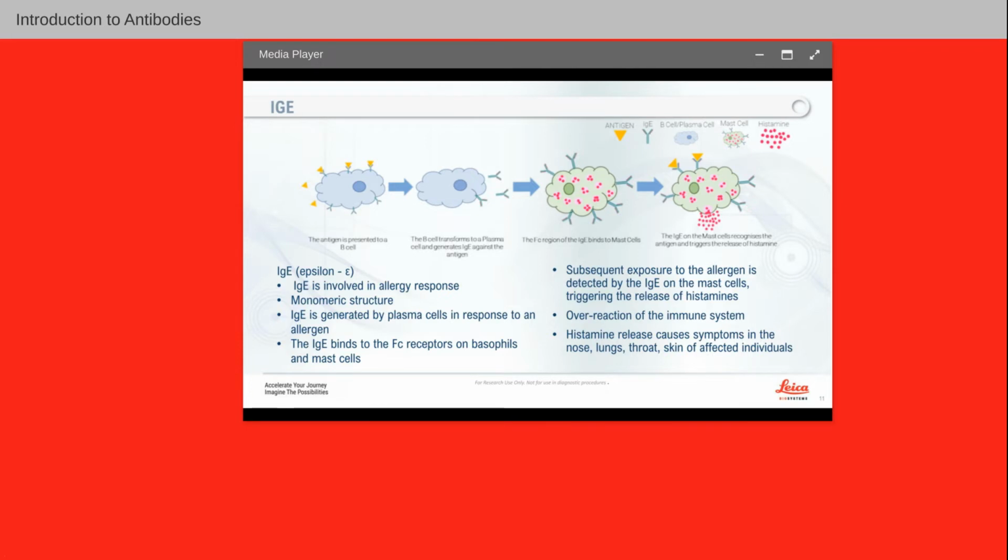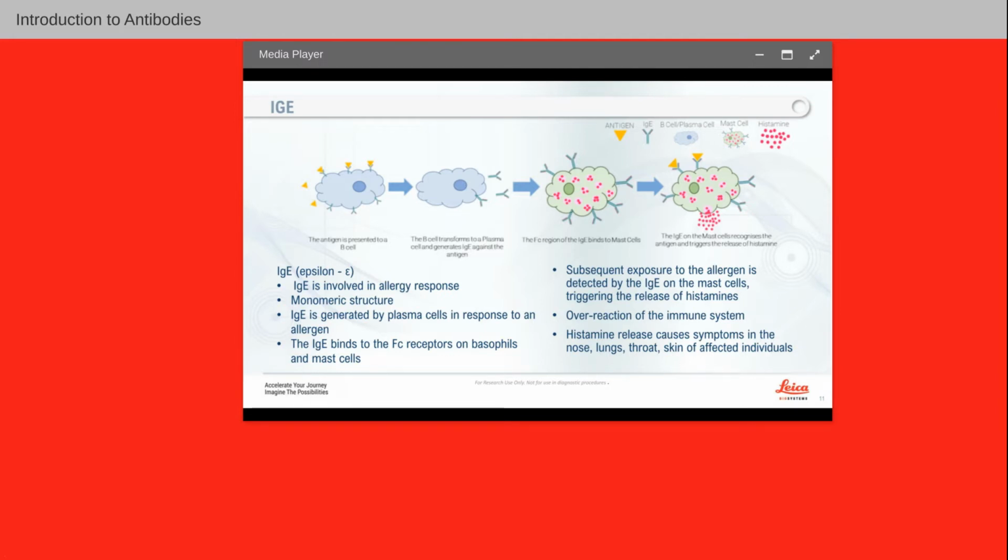The first time an allergen enters the body, and this could be something like pollen entering the respiratory system, it's presented to the B cells, who differentiate into a specialized type of B cell called plasma cells. Now, these cells are short-lived, and all they exist to do is produce multiple copies of IgE, which will detect the specific antigen that triggered its formation. So it'll detect the specific allergen.